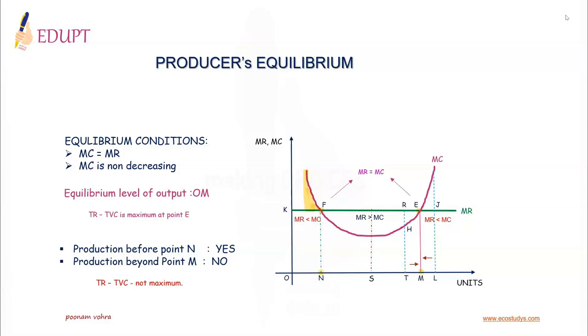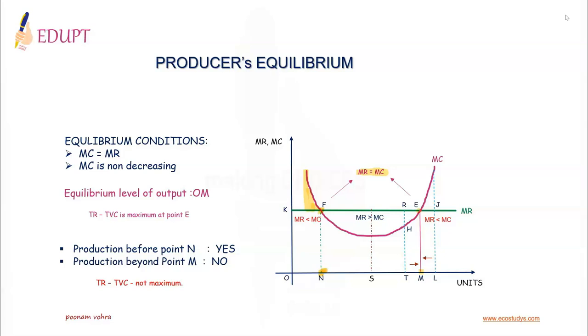So the producer has to increase production in order to cover the cost. So point F, or ON, is the level of output where marginal revenue is the same as marginal cost. This is the break-even point. The producer aims to earn and maximize profit. So the production is increased.